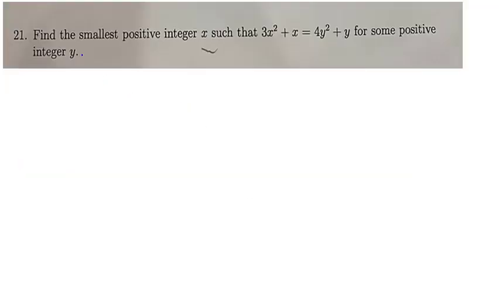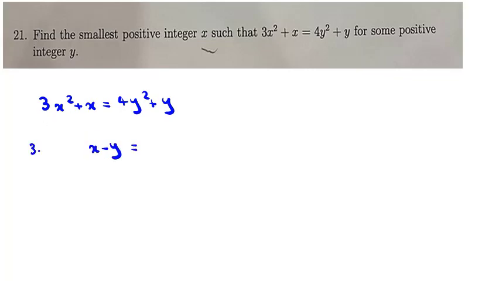Problem number 21. Find the smallest positive integer x such that 3x squared plus x equals 4y squared plus y for some positive integer y. Okay, because we want to solve this, we have 3x squared plus x equals 4y squared plus y. If we take y to the left hand side, then we have x minus y.